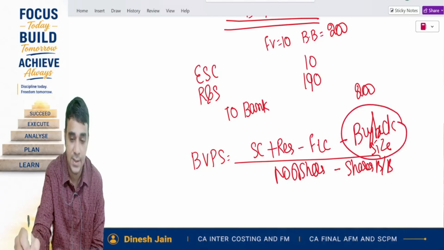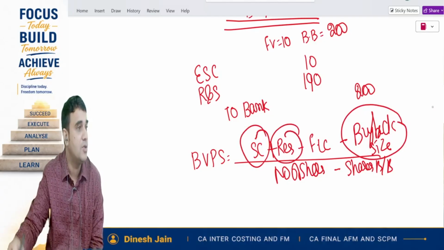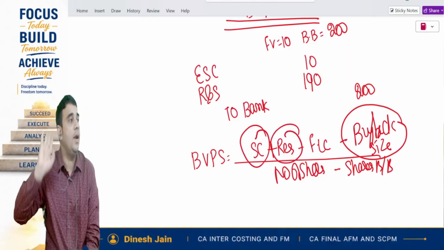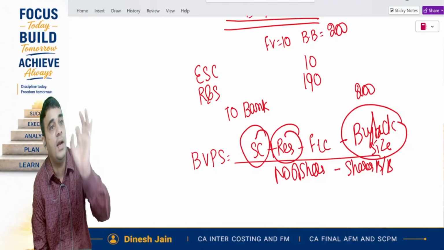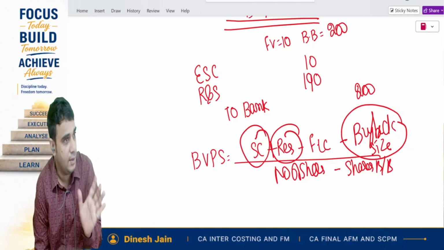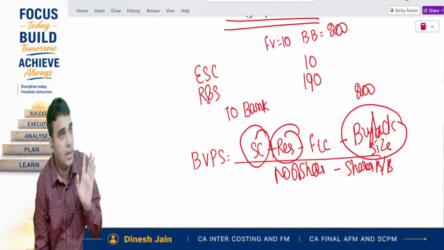What is buyback size? 10 rupees will be reduced from share capital, 190 from reserves, so 200 you have to reduce. If you are doing buyback of 1 lakh shares, you have to do 200 into 1 lakh reduction in the numerator and 1 lakh reduction in the denominator.